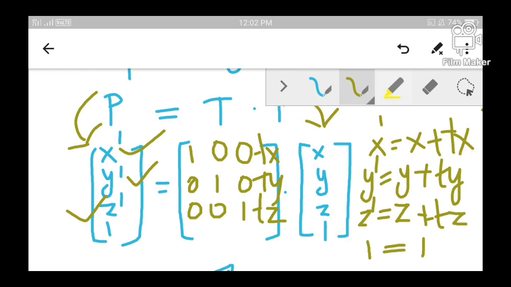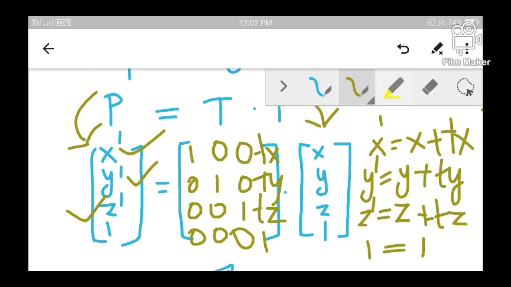What should be added? There are no x parameters, no y parameters and no z parameters. So all these 3 values will be 0, and the last one will be a 1. Let us now multiply. 0 into x will give you 0, plus 0 into y will give you 0, plus 0 into z will give you 0, plus 1 into 1 will give you 1.